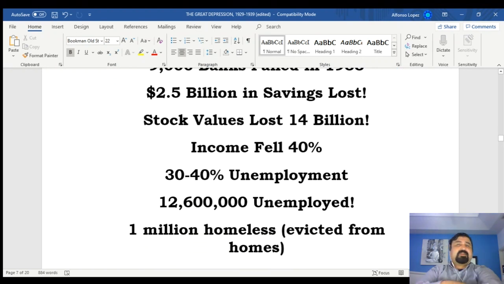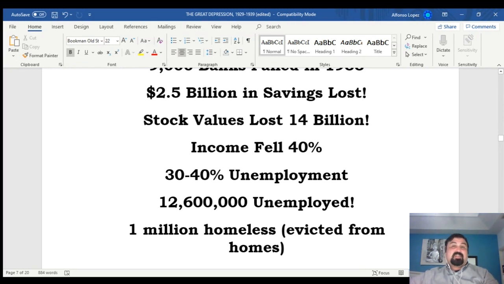Savings, of course, were lost because a lot of people were unable to withdraw their savings from the financial institutions. $2.5 billion worth in savings were lost because as banks closed, people were unable to recover their savings.